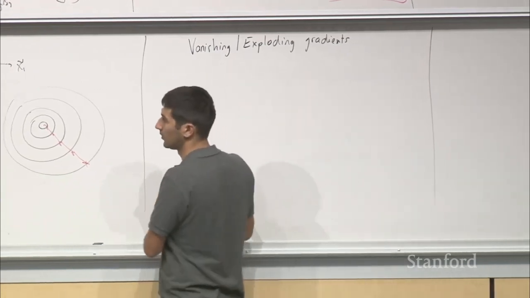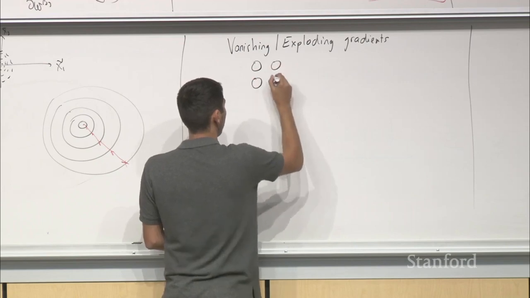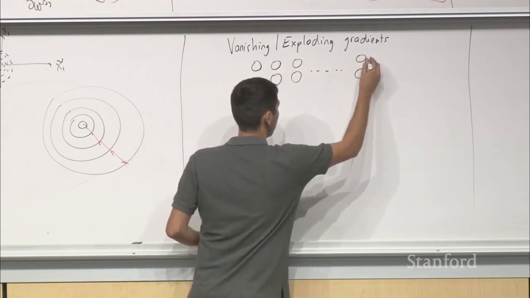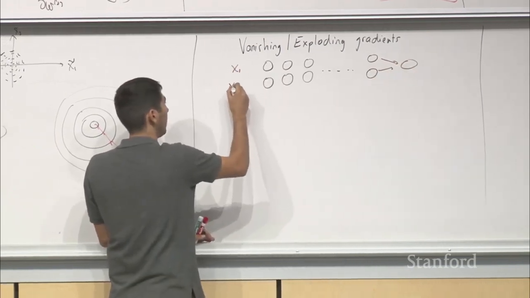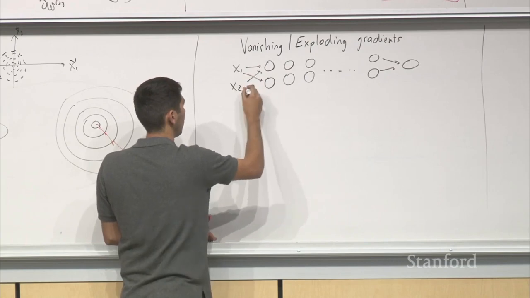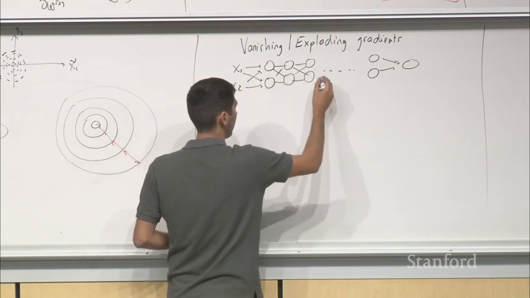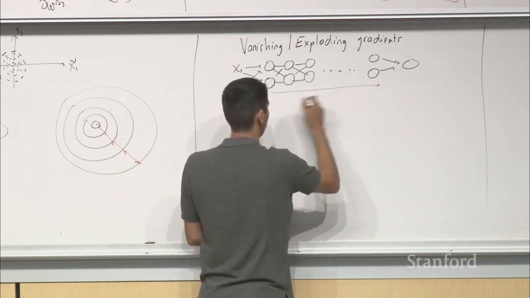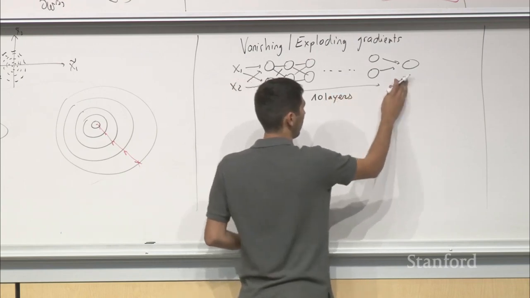In order to get an intuition of why we have this vanishing or exploding gradient problem, we can consider a network which is very, very deep and has a two-dimensional input. Let's say we have 10 layers in total, 10 layers plus an output layer.